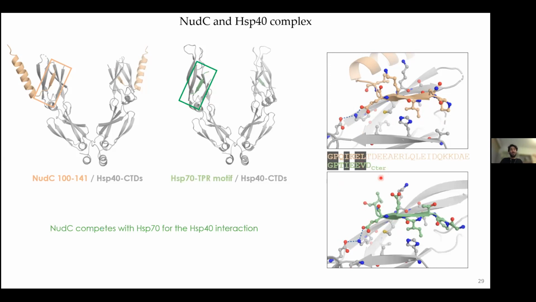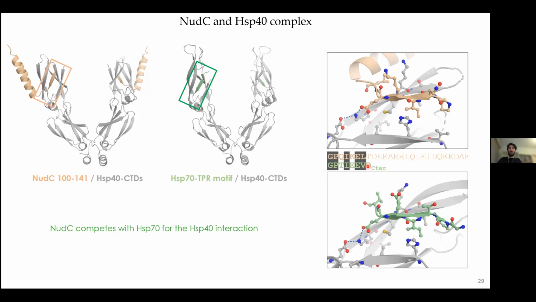But while the HSP70 peptide is at the very C-terminus of the protein, so we do not have any additional binding here, in NOTC this is the start of our helix alpha 4 that creates the hydrophobic interaction that I just described. So we can have competition between NOTC and HSP70 for the binding of this site of HSP40.